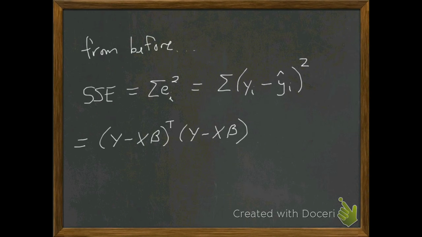Let's see, we'll have y transpose times y. And then we get into that thing we got before, so we got beta transpose x transpose y.